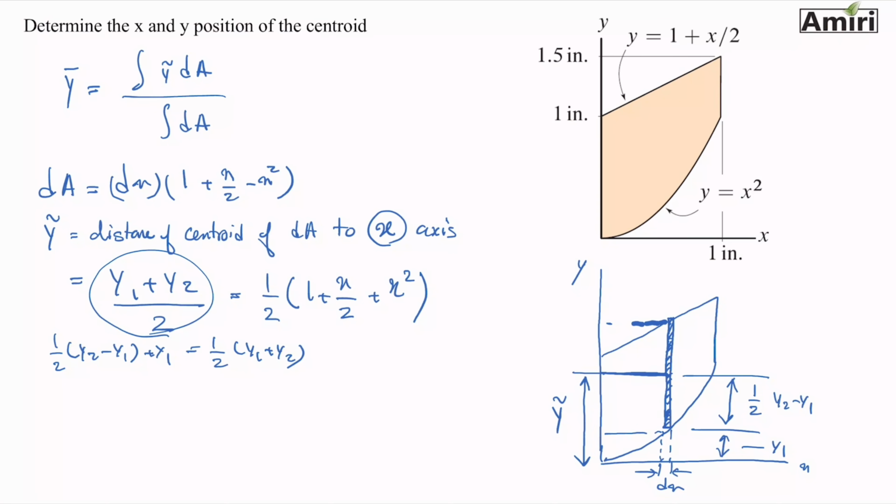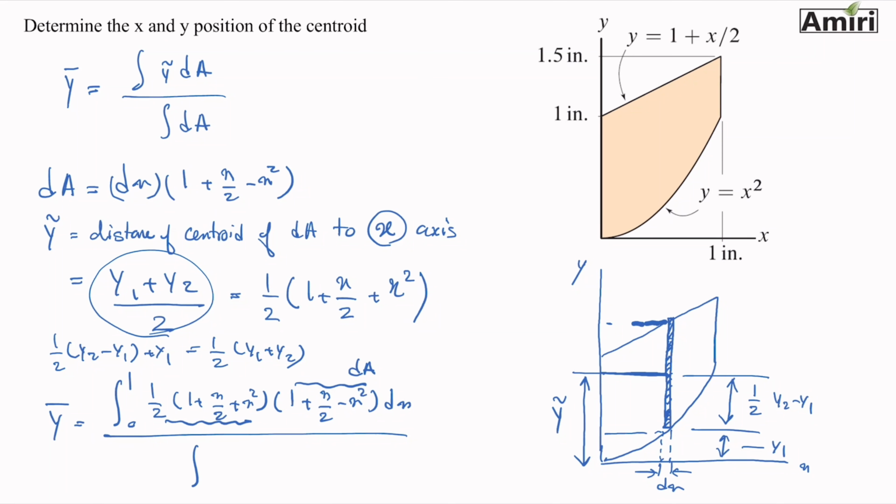All right, plug it in. Bounds are still from 0 to 1. Integral of one half times 1 plus x over 2 plus x squared, times 1 plus x over 2 minus x squared dx. This is y tilde. This is dA.